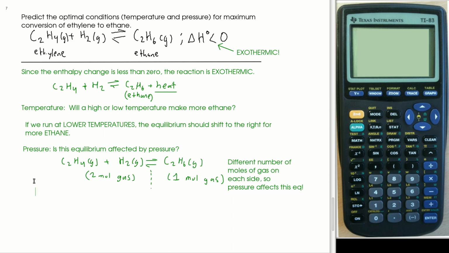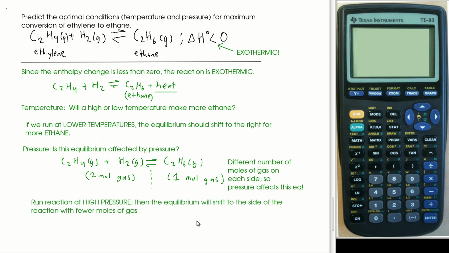So if I run the reaction at high pressure, then the equilibrium will shift to the side of the reaction with fewer moles of gas. Now that side would be the ethane side.